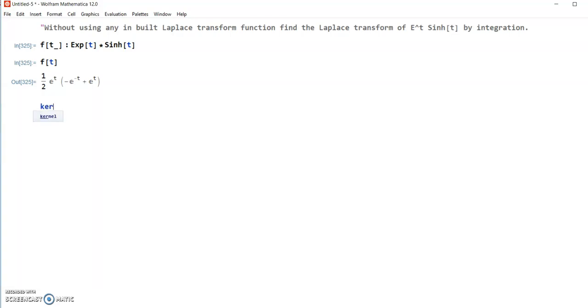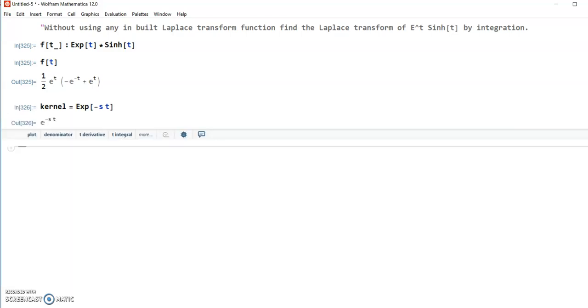We call that function as kernel. Okay, so we define kernel as exponent of minus s times t.